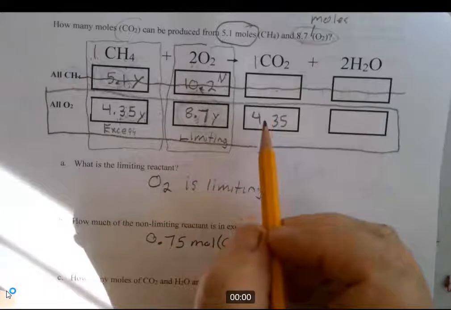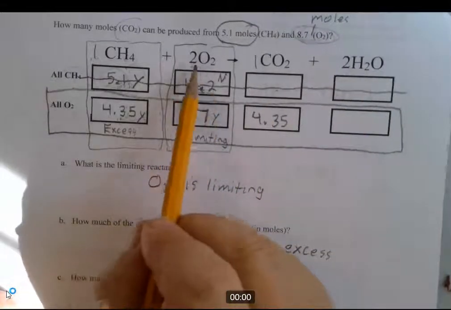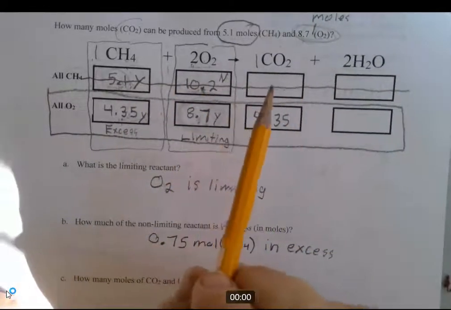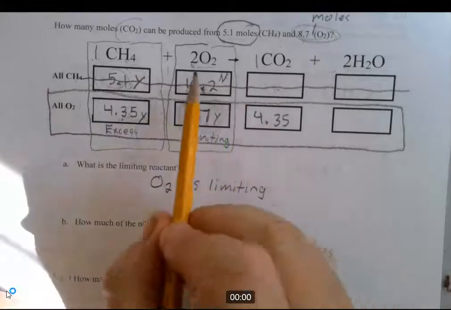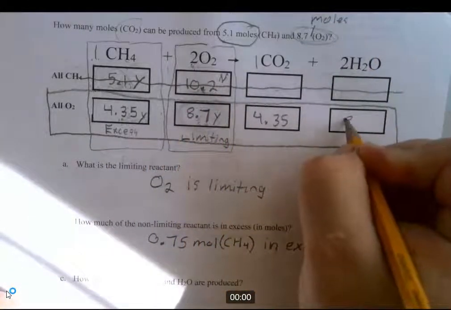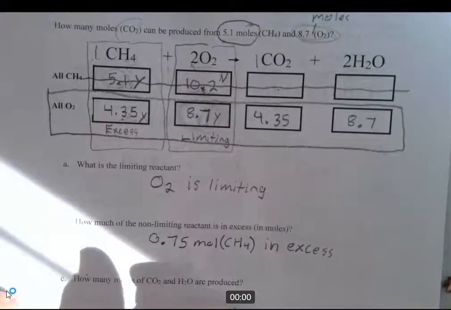All right, and for water, it's 2 H2O for 2 O2. So that's a 1-to-1 relationship. 2 to 2 is 1 to 1, meaning it's the same number, right? So if I have 8.7 there, I have 8.7 there. That's how many you would get.